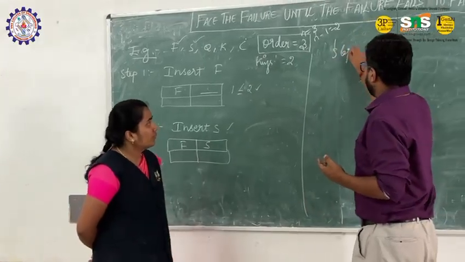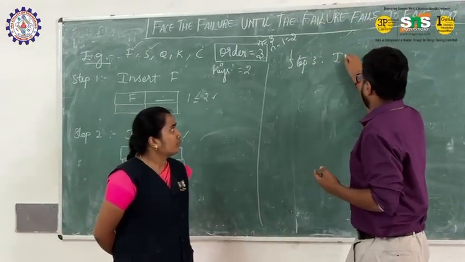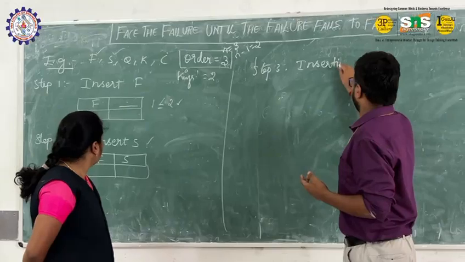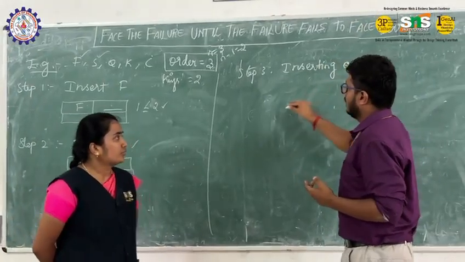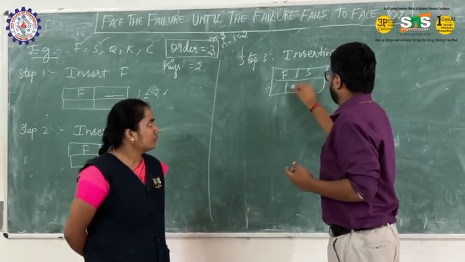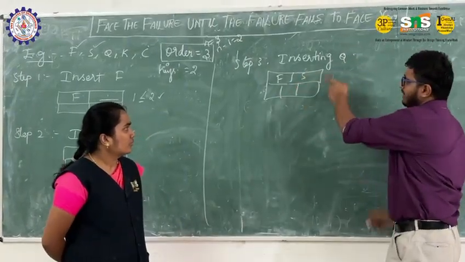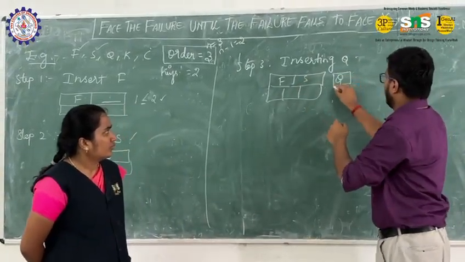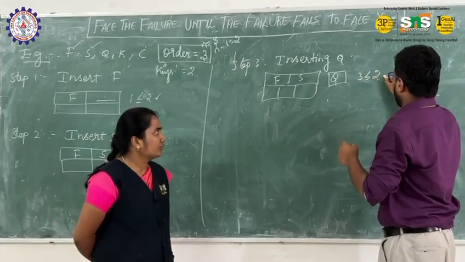And in step 3, we are inserting Q, where we have only 2 spaces. While inserting the element Q, it violates the order property.